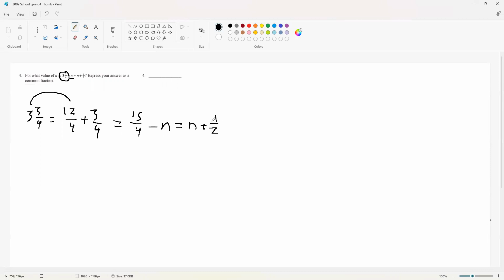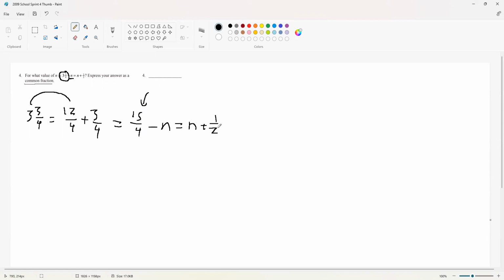Now we're going to take a look at our 1/2 and we want to convert this into something that is compatible with the 15/4, right? So in order to be able to work with these together, we need to have a common denominator. And there are two ways to do this. I can either take this 15 and divide it by 2. However, 15 is an odd number, so I would get a decimal, and we don't like decimals in our fractions.